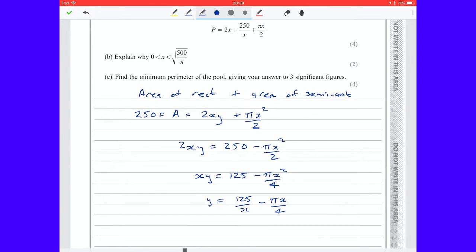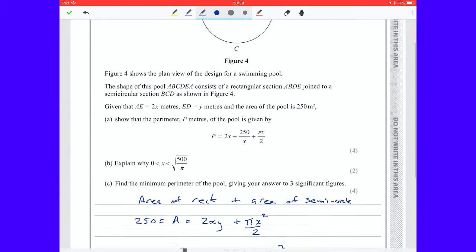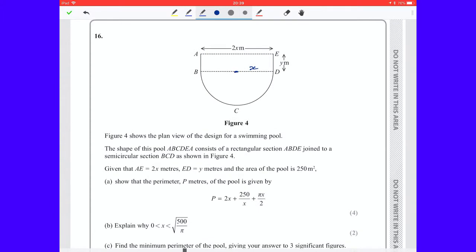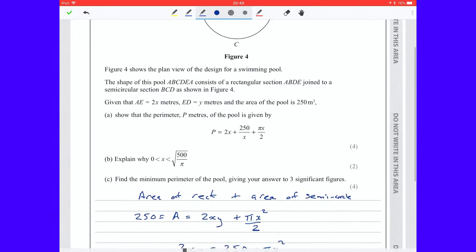Now I need a formula for the perimeter, and the perimeter, looking back at the diagram, will be 2x for that top length plus 2y for the two side bits plus half the circumference of the circle, so that will be 2 pi x over 2.